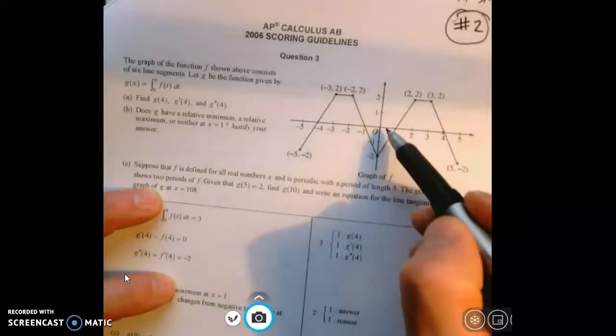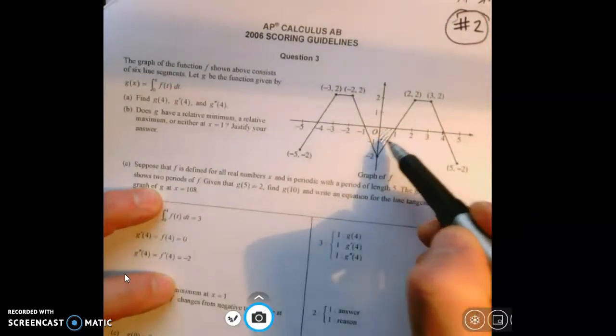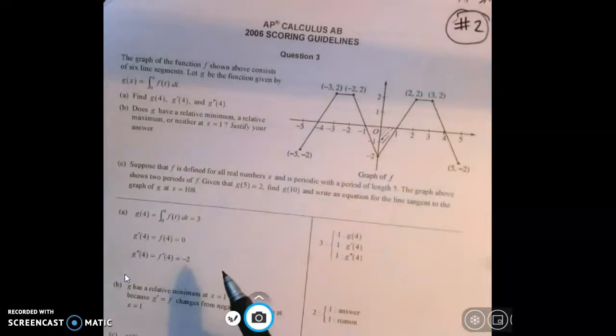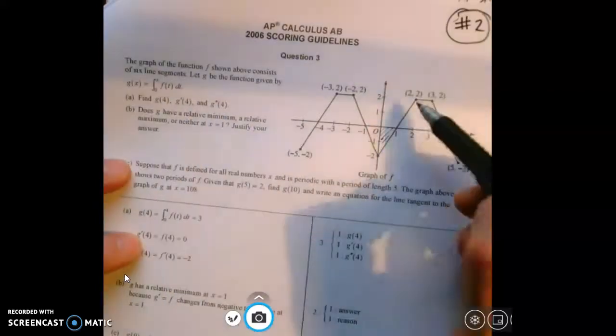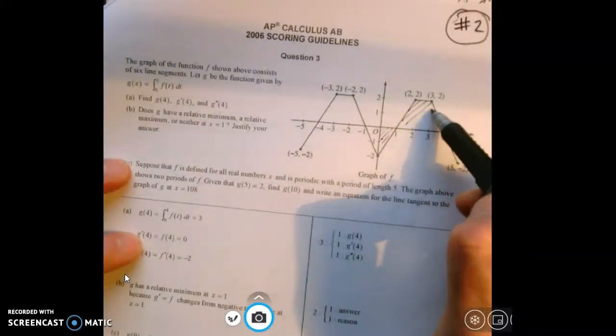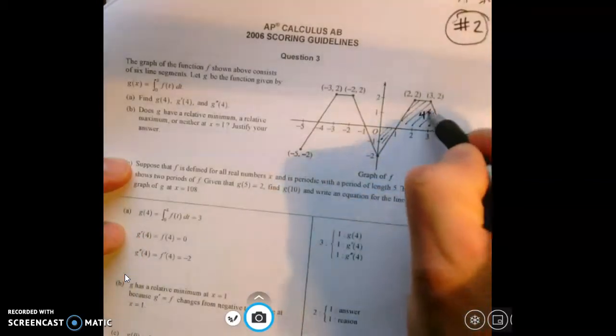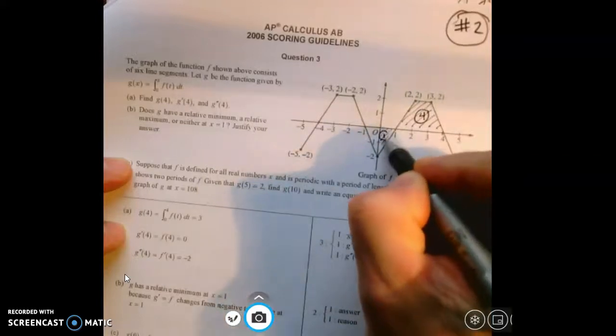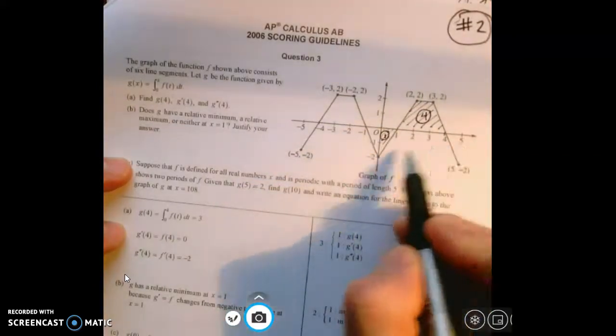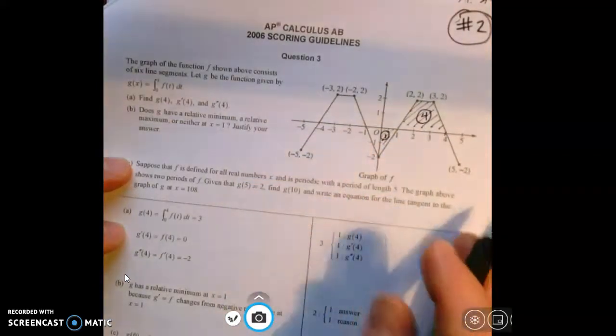So this comes out to, area-wise, 1, and this comes out to area-wise 4. So when we're going from left to right, this becomes -1 plus 4 or +3. Okay, that's g of 4.